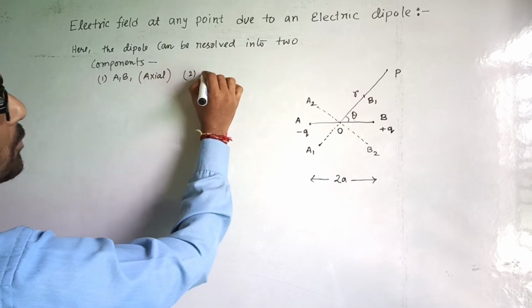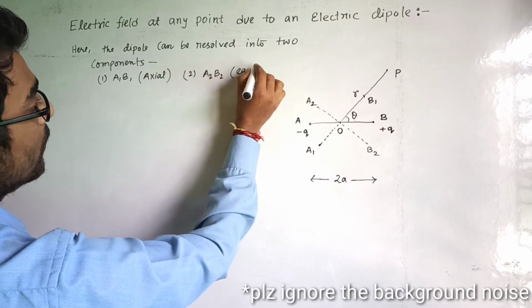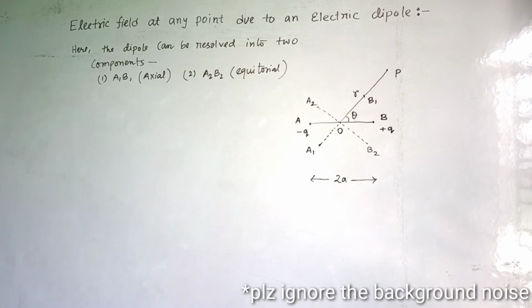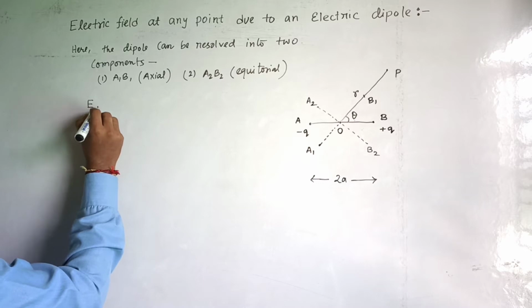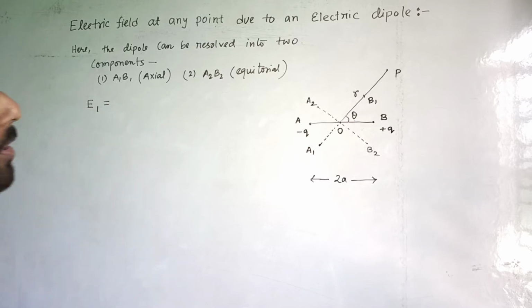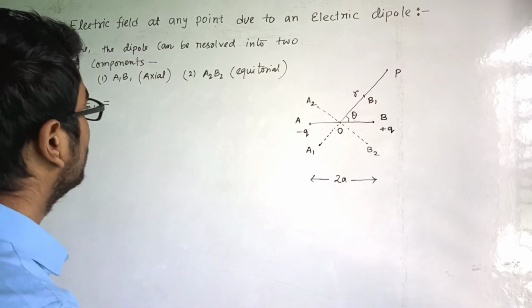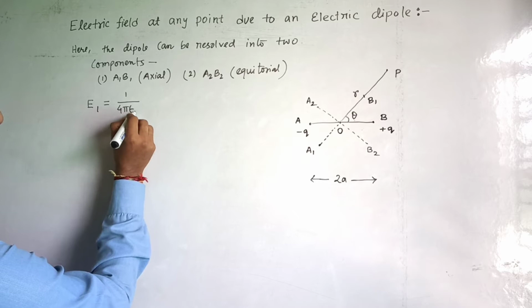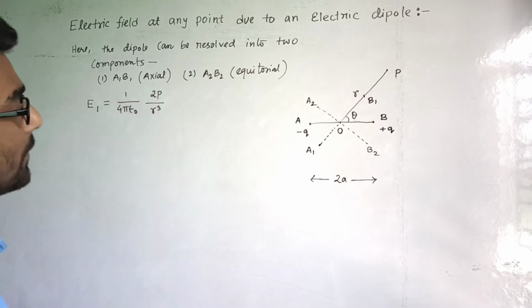The second one is A2, B2, which will be in the equatorial position. Now let E1 be the electric field for the dipole A1, B1. So the expression of electric field will be 1 by 4 pi epsilon naught 2p by r cube.